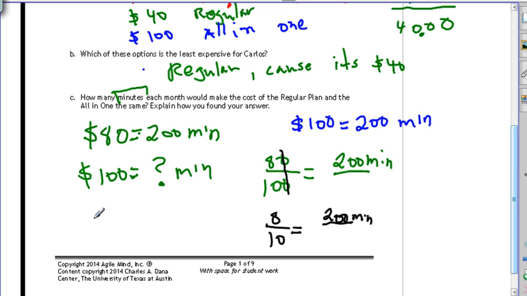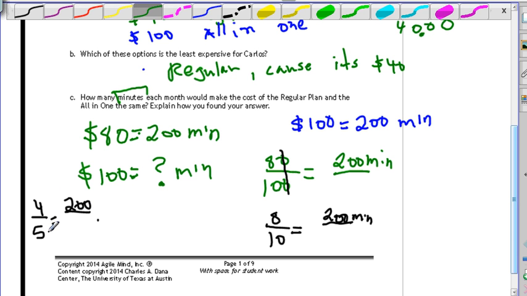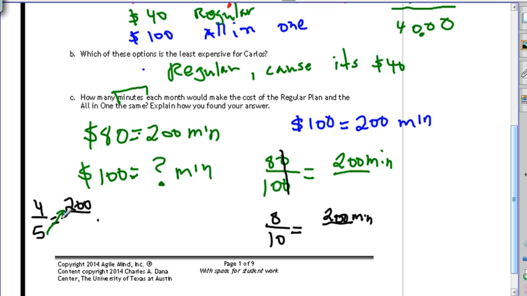So I'm going to write it over here. 4 over 5 equals 200. Now I can cross multiply and divide. So I draw my arrow like this, and now I'm going to multiply 200 times 5.